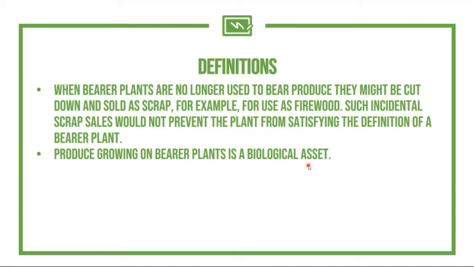So you can actually value separately the bearer plant and the produce attached to it. For example, the moment the mango tree produces mangoes, you can already provide a value to these potential harvests.